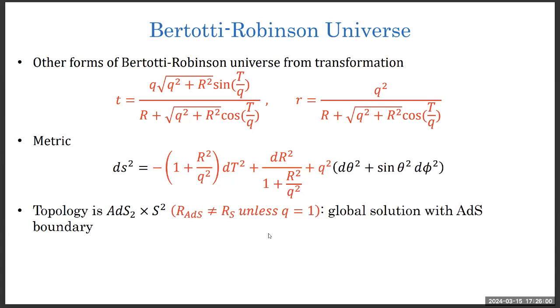After this coordinate transformation, you will see that it looks like what? Anti-de Sitter, AdS2 cross S2. So the Einstein-Maxwell solution has this topology. This is a global solution with an AdS boundary, asymptotically AdS.